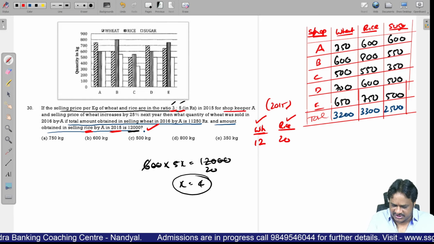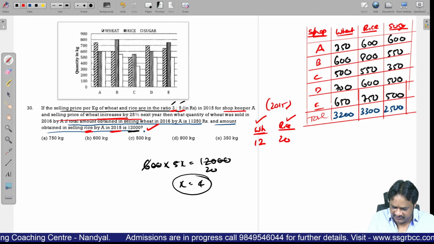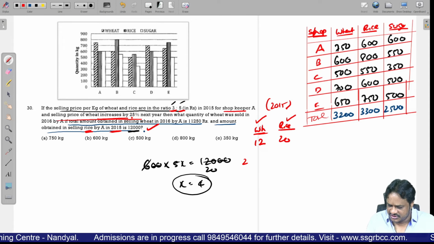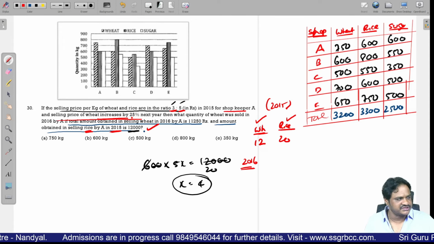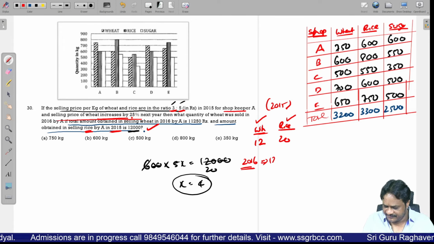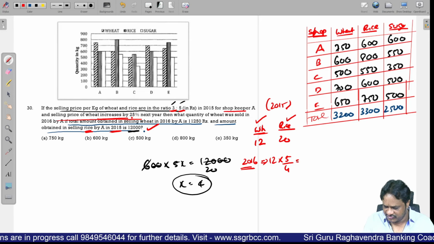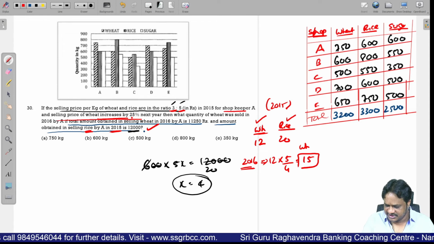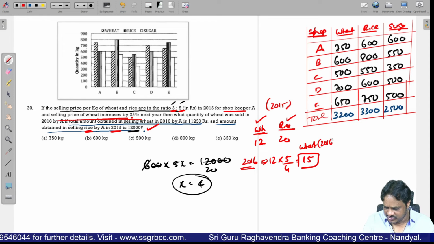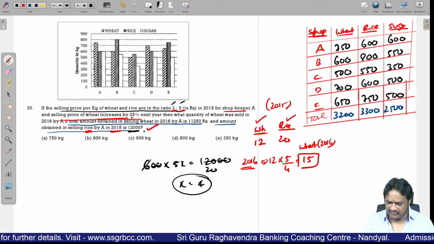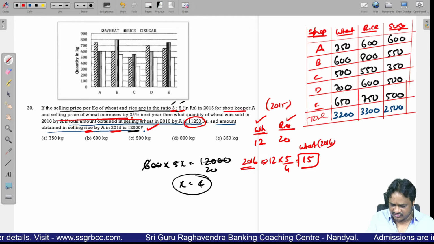In 2016, the wheat price is increasing by how much percent? 25%. Increasing by 25% means 12 into 5 by 4, that is 15 rupees. Now this is the wheat price in 2016.